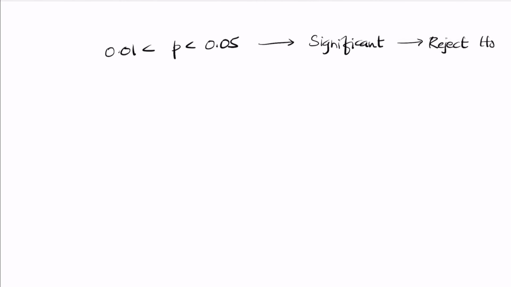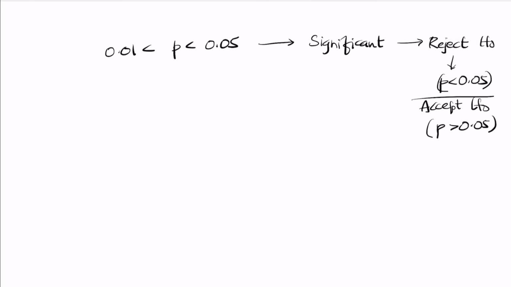If the p-value lies between 0.01 and 0.05, we can say that those results are significant. So there is a significant change, and we can reject H0. We reject H0 when p is less than 0.05. We accept H0 when p is greater than 0.05.